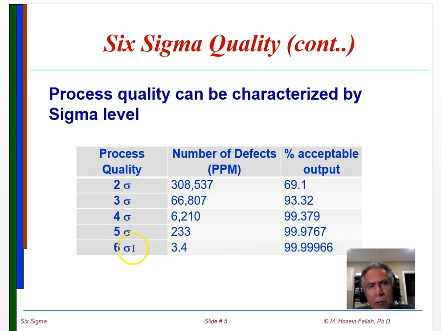At the 6 Sigma level, as we defined before, the ppm drops to 3.4, which corresponds to 99.999% good output. So this has become more of a standard in the industry, referring to the Sigma level as well as the ppm when we're measuring output of a process that has been going through Six Sigma improvement.